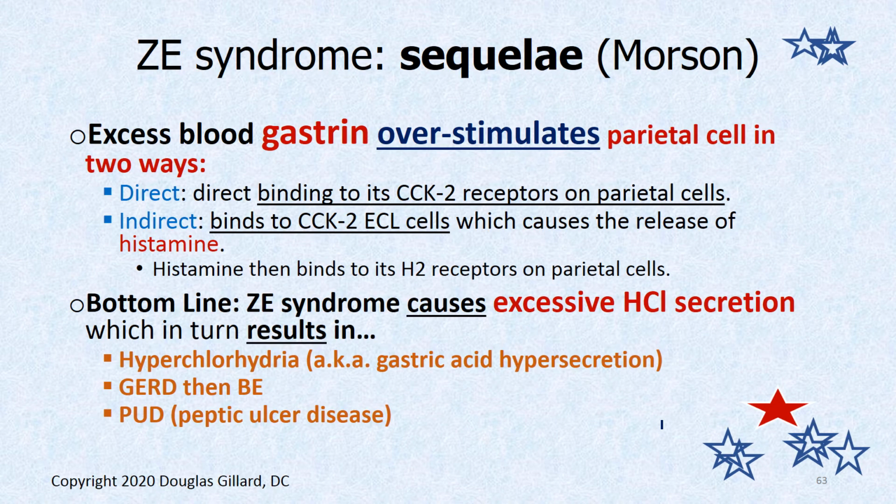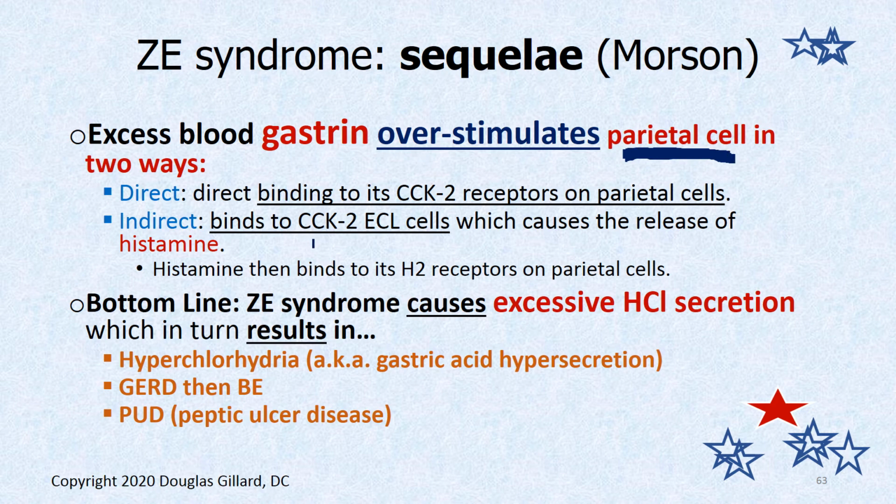So what? Who cares if we have extra gastrin? Well, gastrin's going to do its thing, and it's going to hit the parietal cell and stimulate it, directly bind to the parietal cell, and cause an overproduction of the parietal cell juices, which are hydrochloric acid and intrinsic factor.